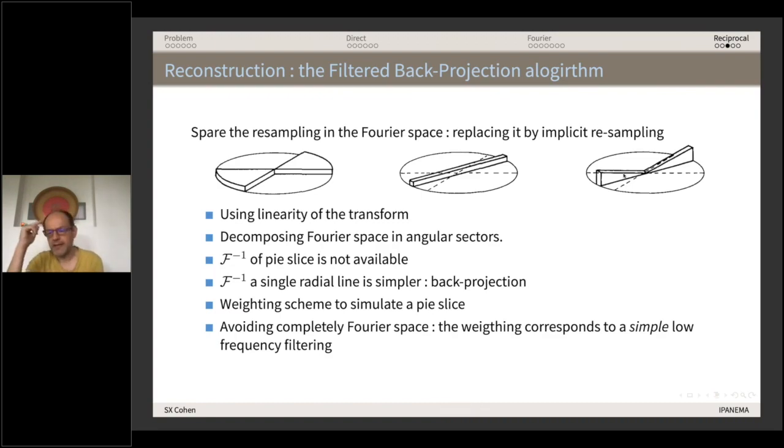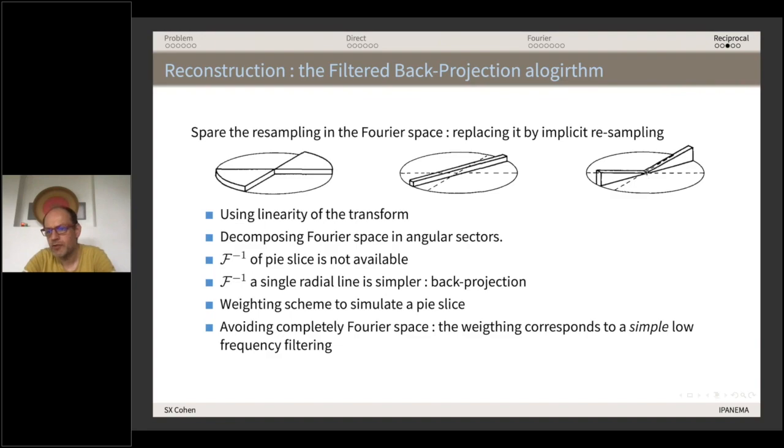When I think about that in terms of signal processing, what I'm doing when I take this Fourier transform and multiply it by this type of weighting function before computing the back Fourier transform is typically a low frequency filtering.